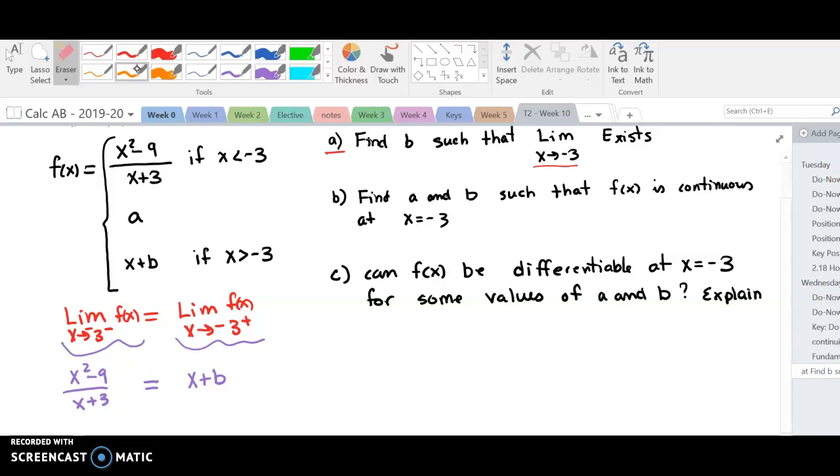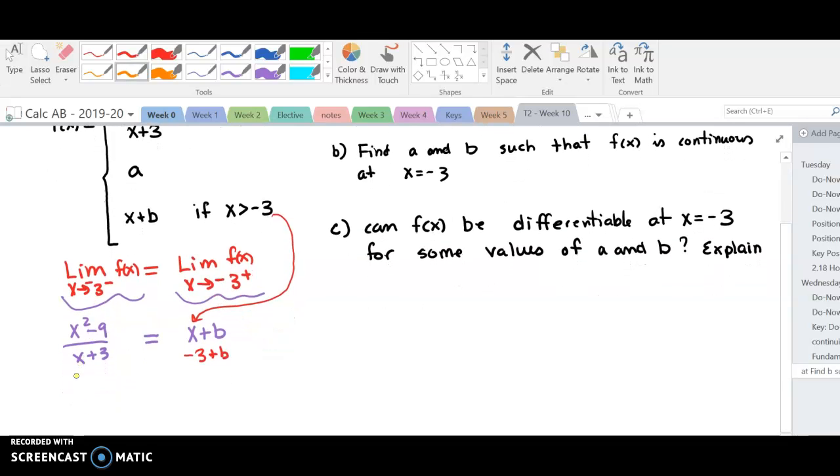So as I look at this, the right is easy. I just plug in -3 for x, and I get -3 plus b. The left is harder because when I plug -3 in, I get 0 over 0, and that's indeterminate. So instead, I can use L'Hopital's rule, which says I take the derivative: 2x in the numerator, and the denominator is just 1.